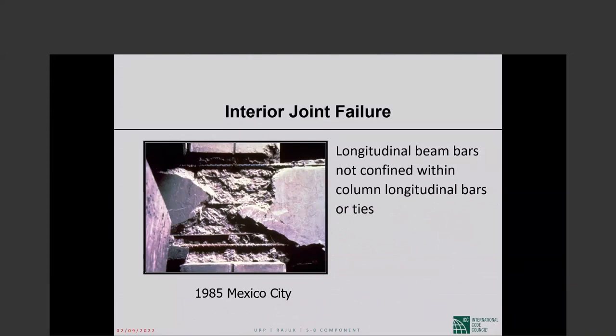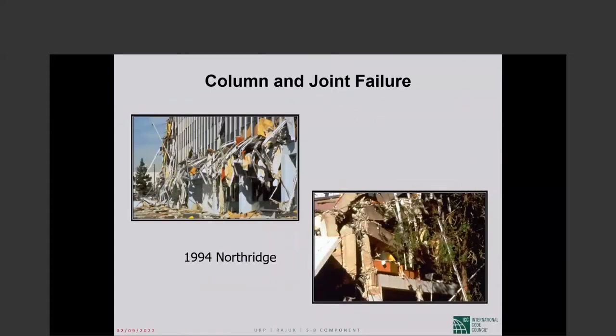Okay, interior joint failure. Some well, this is after Northridge. This is pre-1973 UBC construction. This is worth looking at, the difference. Back in those days, the joint was not paid any attention to. So this was a Kaiser Permanente facility. Kaiser Permanente is a healthcare system, very big in parts of the country, including the West.